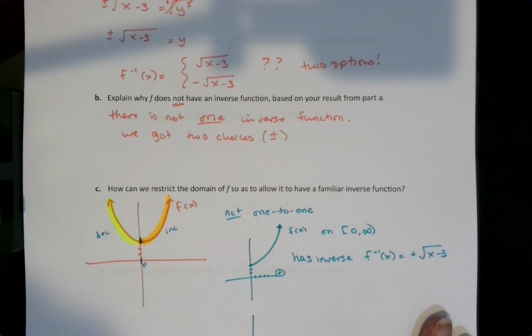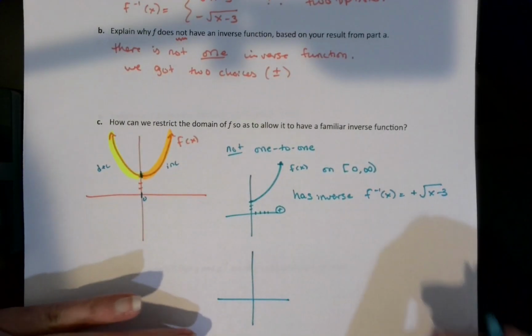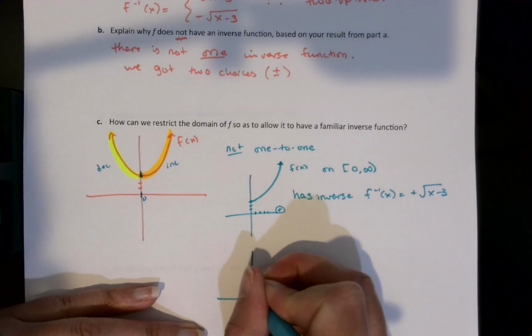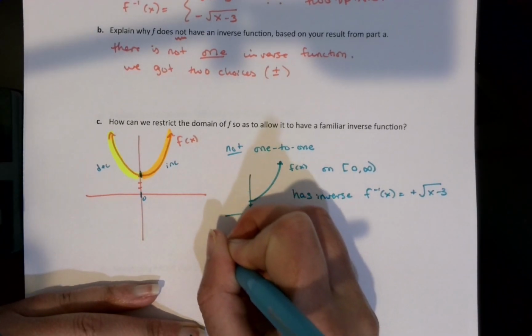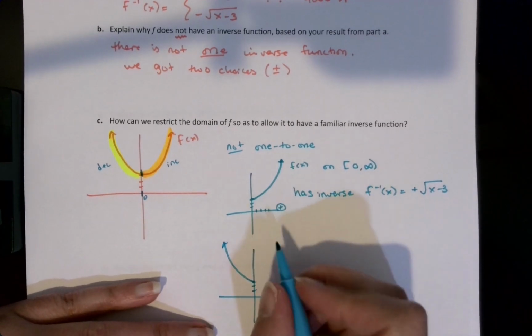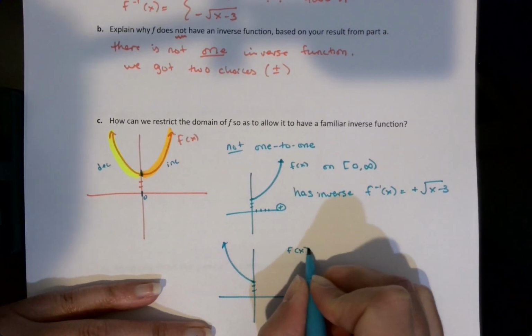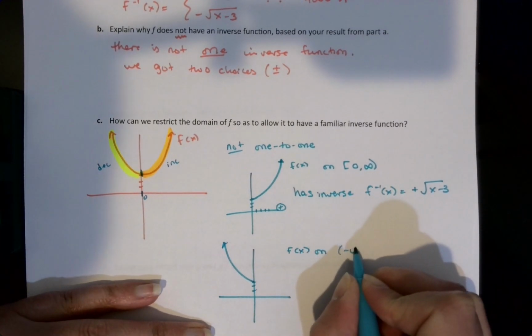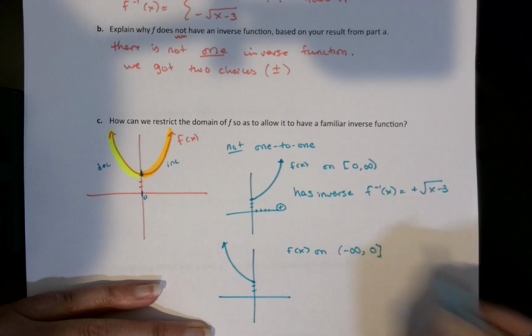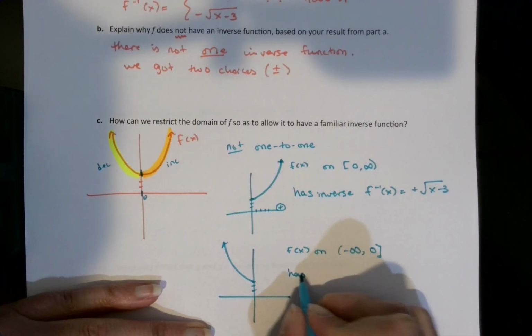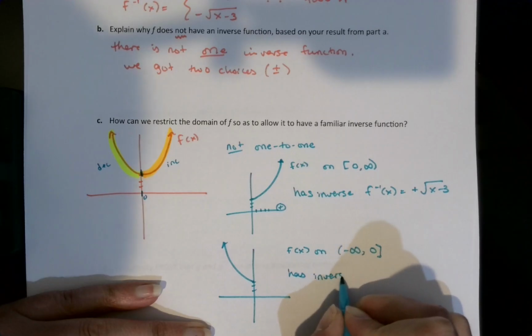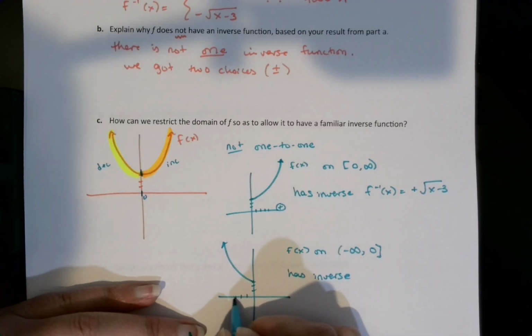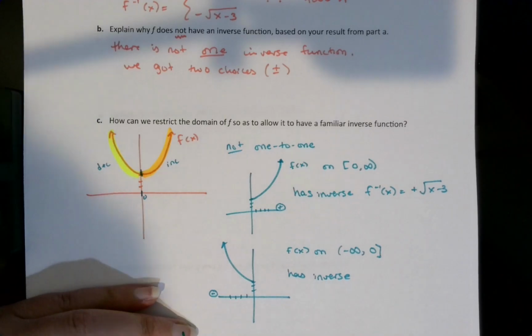As opposed to the other half. So this would be f of x on negative infinity to 0. And it would have inverse. Again, this is where all of the x values are negative, right?